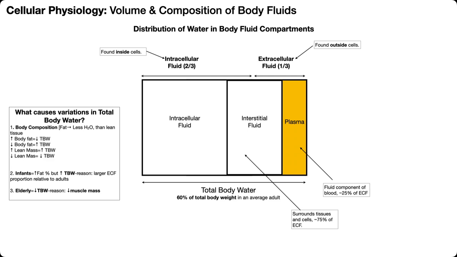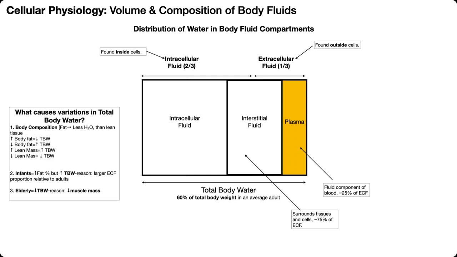Now, we can also look at this with different age variations. All right, in infants, we're going to see a higher percentage of body fat. And so you would think that if we have an increased body fat percentage in infants, we're going to have that decrease in total body water. But that's not the case in infants.